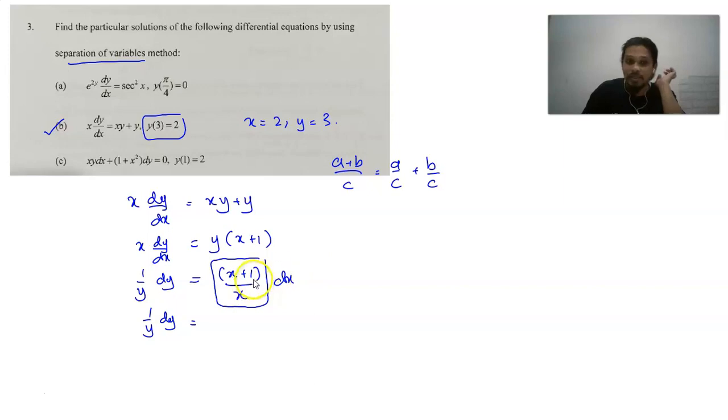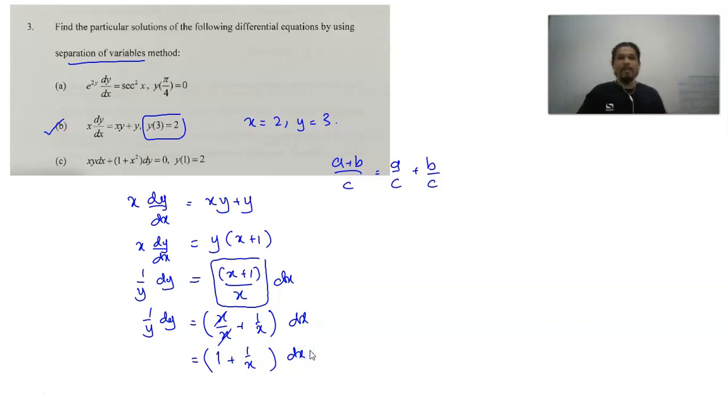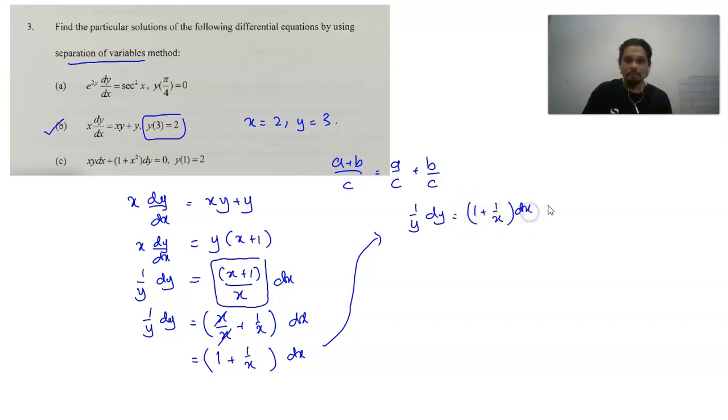So look at this one here now. It is x over x plus 1 over x dx, which is 1 plus 1 over x dx. So we continue with 1 over y dy equals 1 plus 1 over x dx.